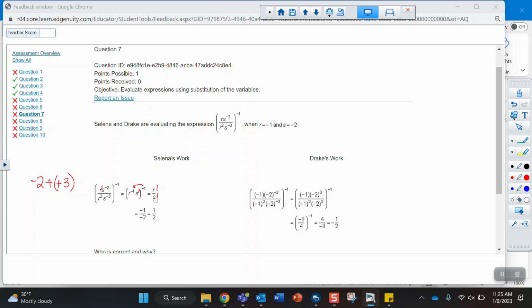Drake plugged in negative 1 and negative 2 first. And then what did Drake do? Switched things to get positive exponents. Oh, okay, so that stays put, and it looks like Drake swapped these 2 things to make the exponents positive. Correctly did that.